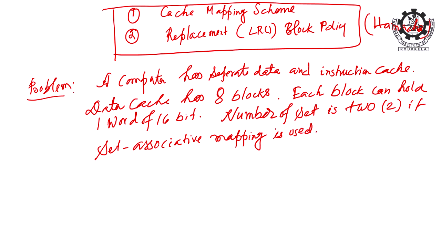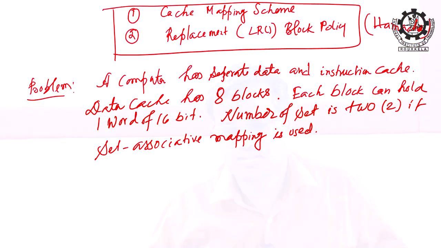So, the computer has separate data and instruction cache. Data cache has 8 blocks, each block can hold one word, that means there are 8 blocks. So, the number of sets is 2 if set associative mapping is used. But what is missing? Missing is the size of the main memory, right. Otherwise we cannot proceed.